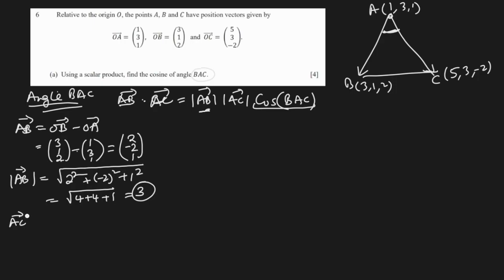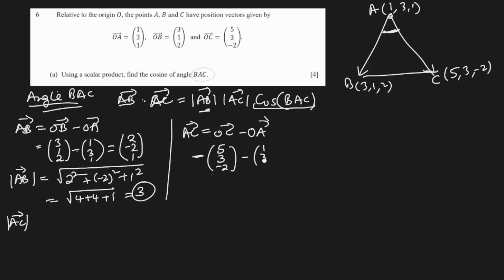Similarly, magnitude of AC. First we have to find AC. It will be OC minus OA. OC is 5, 3, minus 2 minus 1, 3, 1. 5 minus 1 is 4. 3 minus 3 is 0, and minus 2 minus 1 is minus 3.